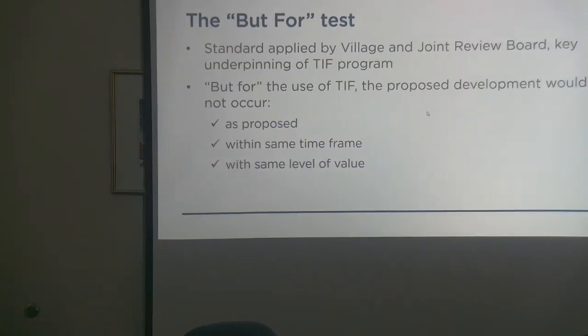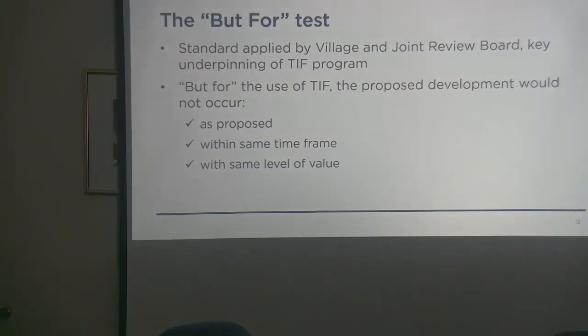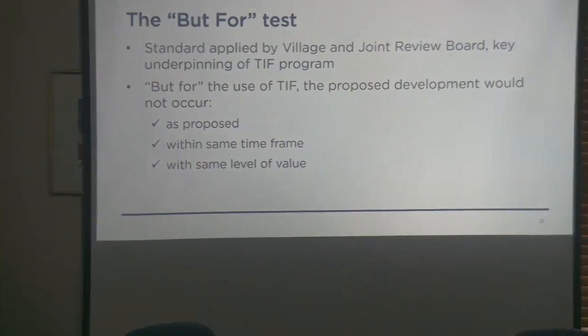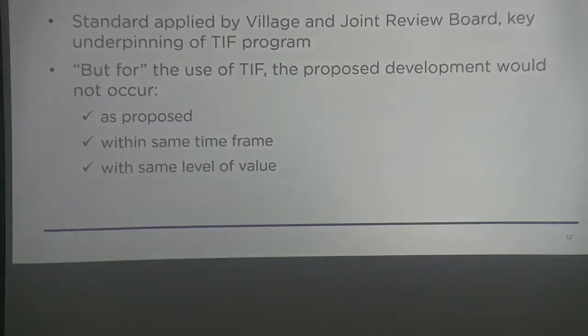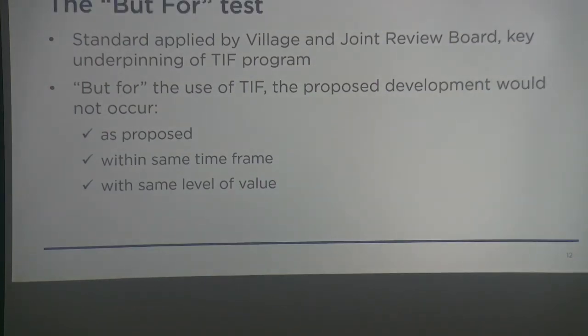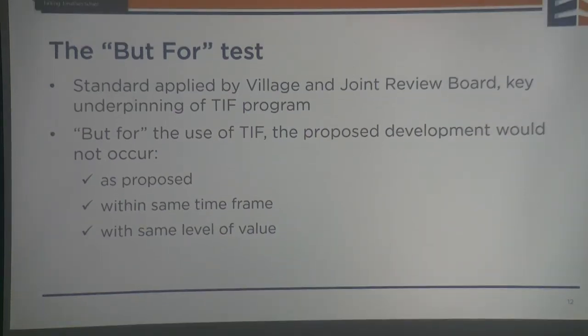As we look a little bit closer into how TID is applied in various situations, one of the standards used in determining what developments and projects are considered TIF eligible is the but-for test. It's a standard that must be applied by the village as well as the Joint Review Board when making decisions about how to use TIF.